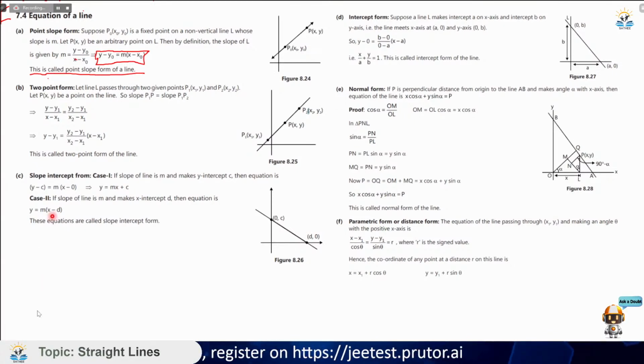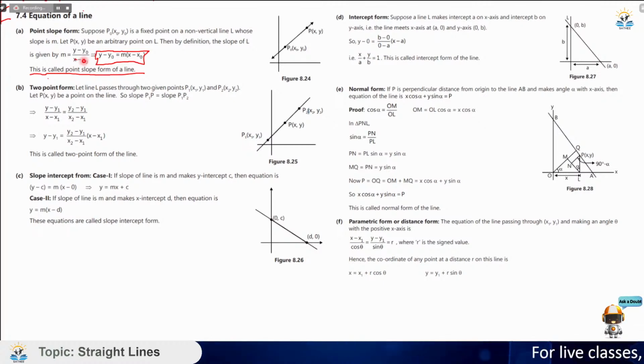Then next is the 2 point form. Earlier we had only one point and the slope m given, you have m and you have y0 and x0. Now you have 2 points. If there are two points, then you can find the slope, which is easy. Slope is (y2 minus y1) upon (x2 minus x1) is equals to m.